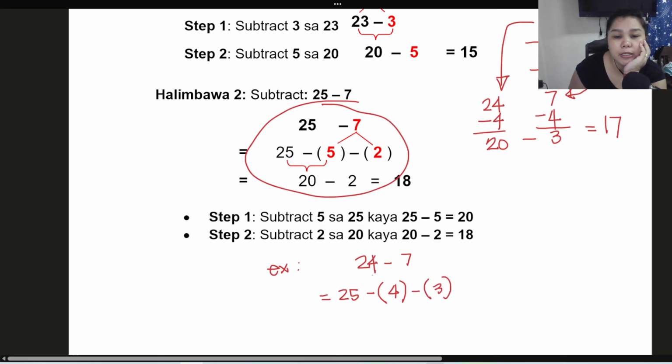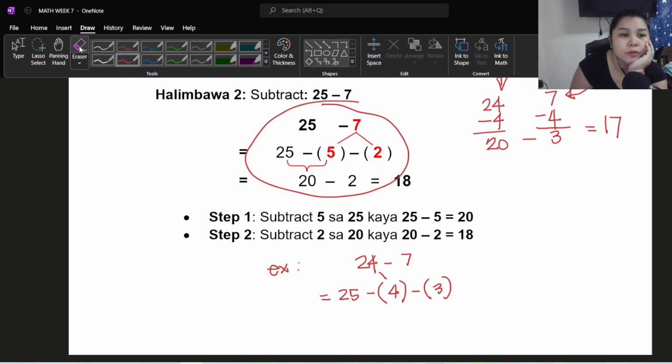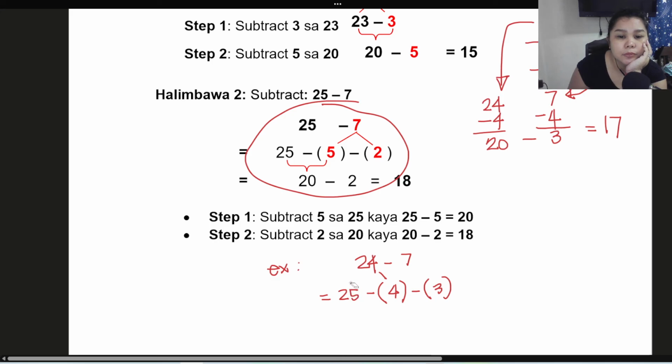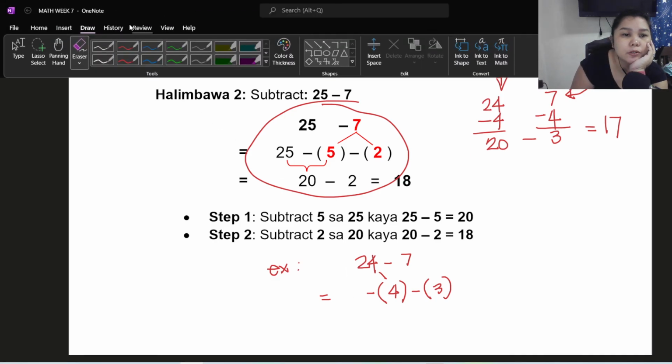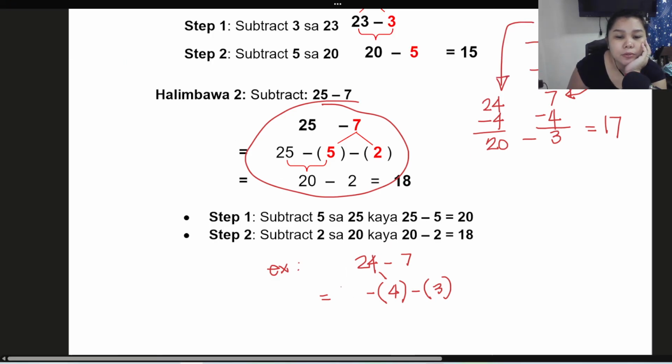So, sa 24, kinuha yung 1, should be 24. So, kinuha yung 4 sa 24, and then 3, si answer sa 7 minus 4. 7 minus 4 is 3.